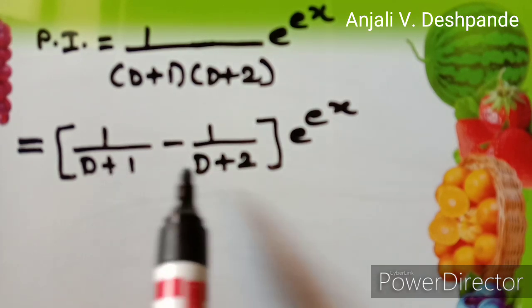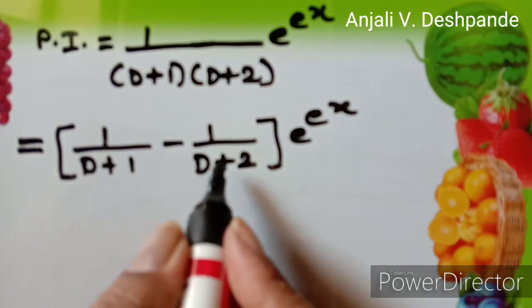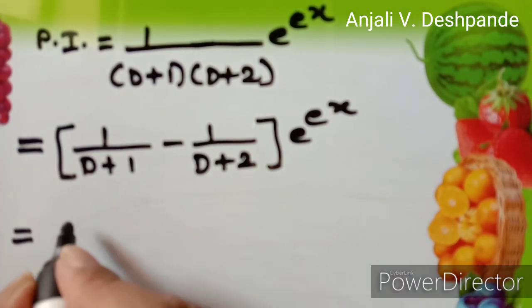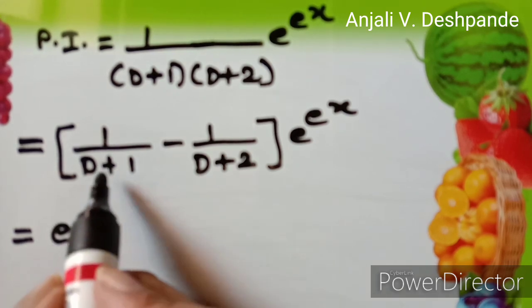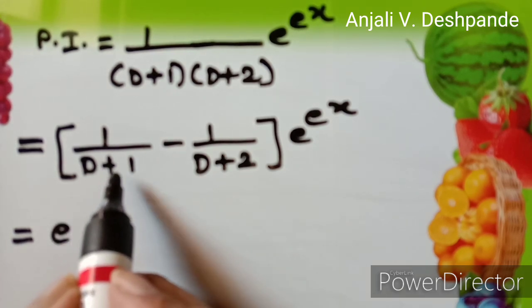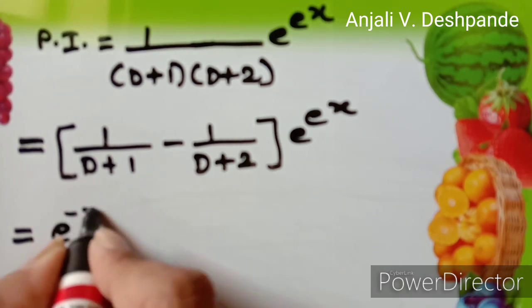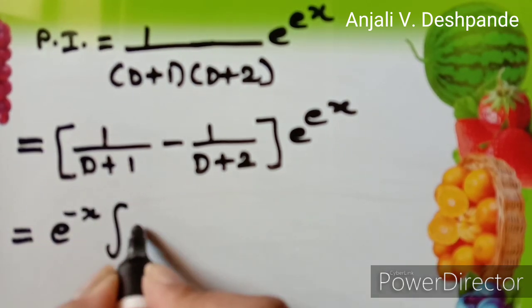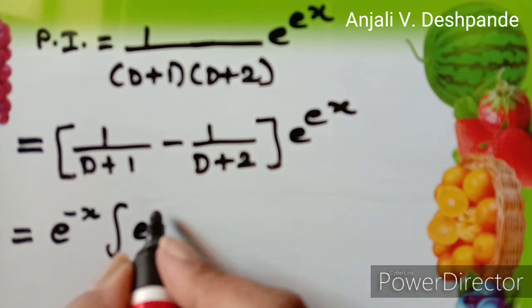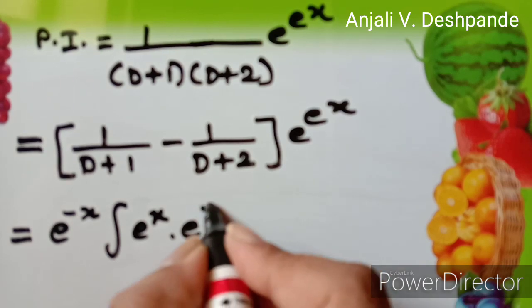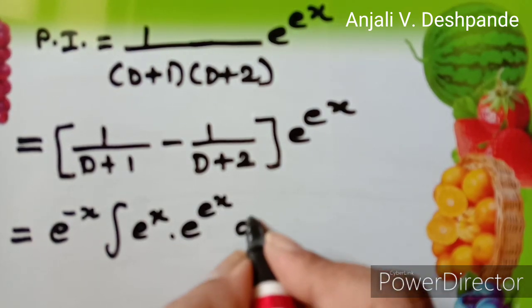And now we will apply the formula. This is in the form D plus a, this also D plus a. So we will use the corresponding formula. So e raised to, for this particular section, a is 1. So e raised to minus x integration e raised to x into e raised to x dx.